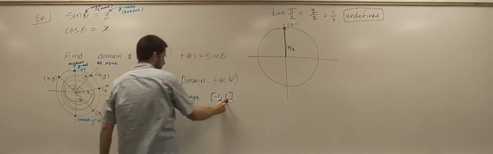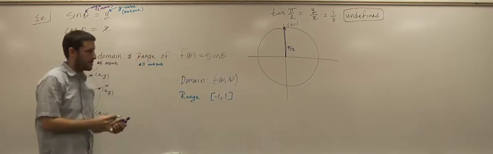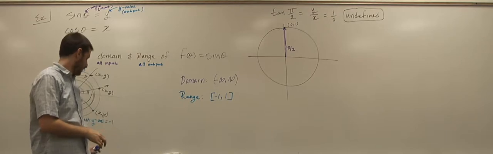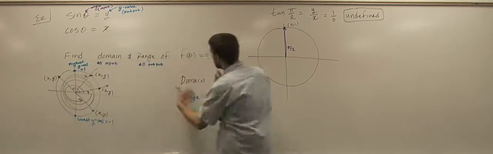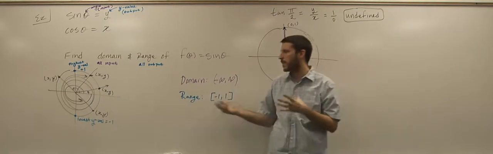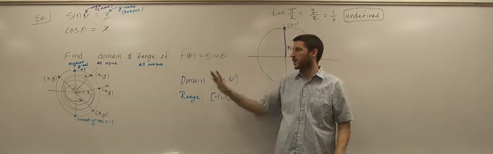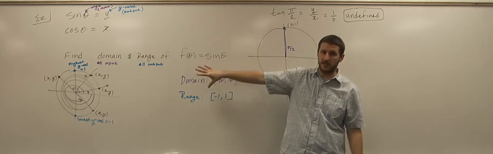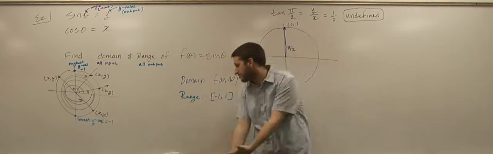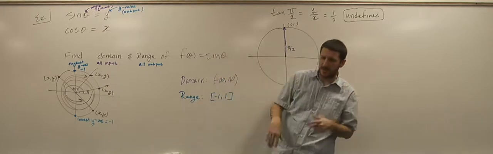This means all the numbers between negative 1 and 1. This is kind of a precursor, okay, if this is blowing your mind, it's okay. We're going to graph these functions, and once you see the graph, that's another way to get the domain and range really easy. But it's here, it's something to think about.